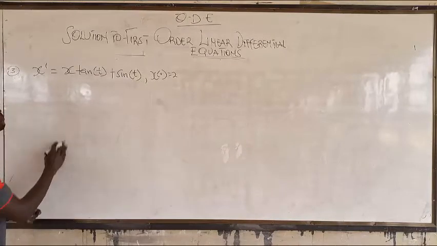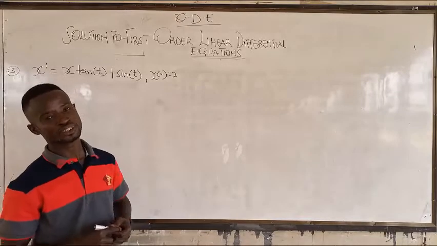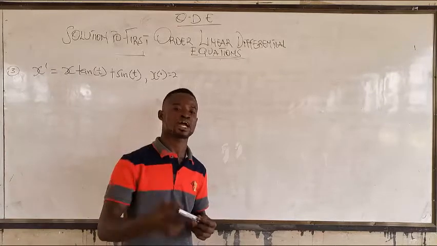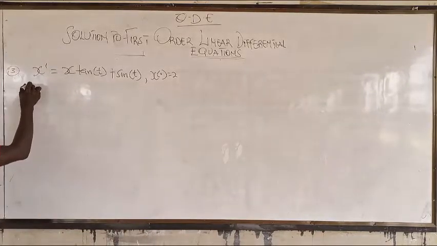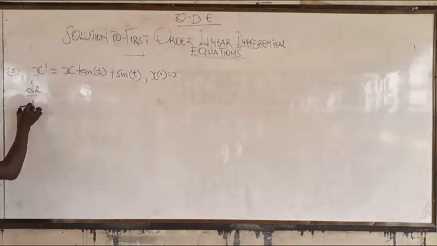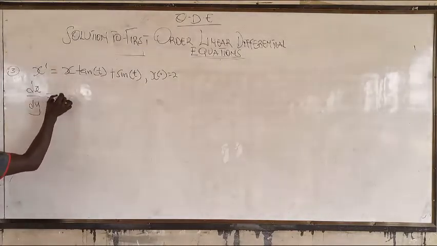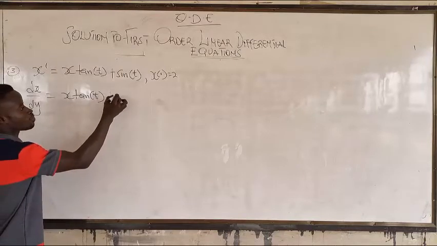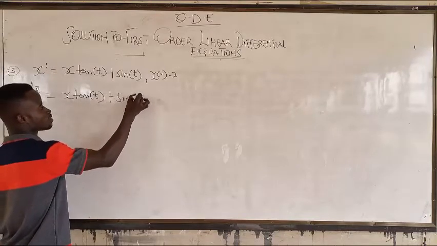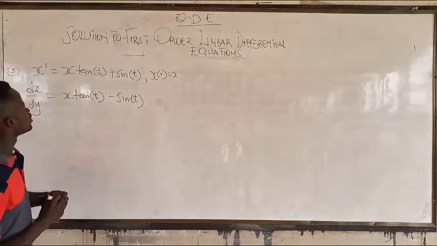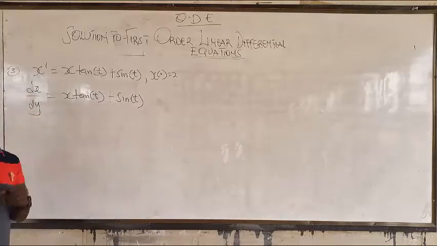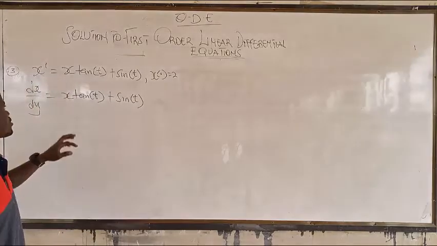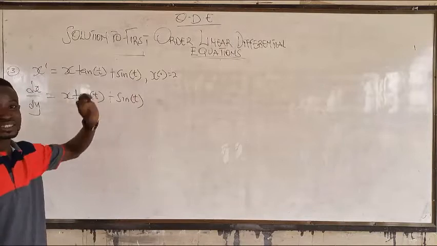So if you have y prime, you say dy/dx. If you have x prime, know that this will be dx/dy of s times t plus sin t. So this means that there will be no y because the function is in terms of t.